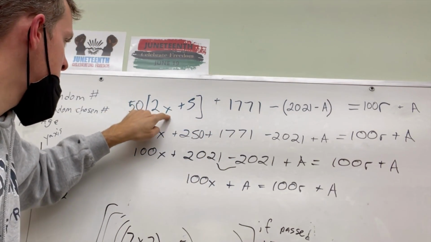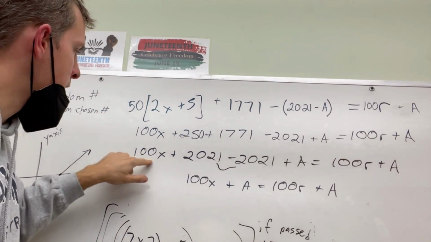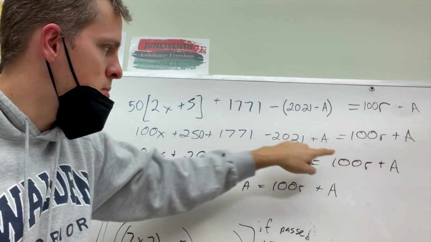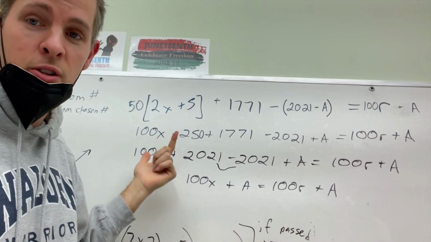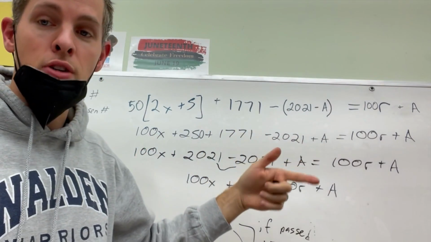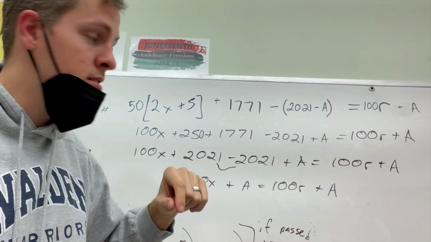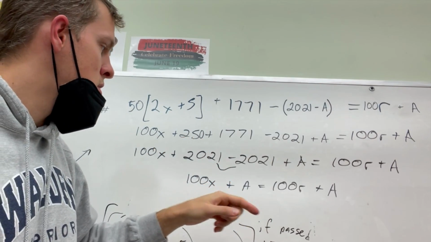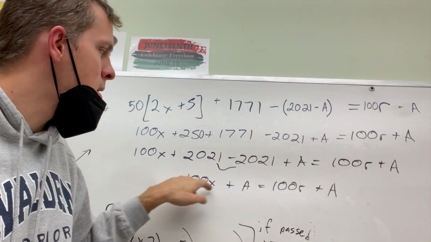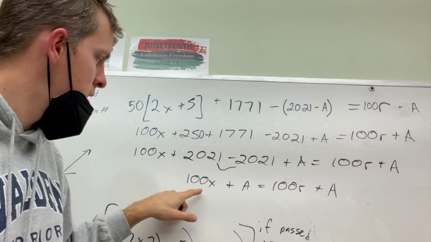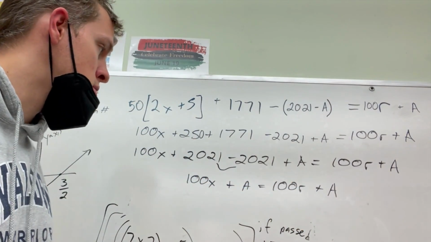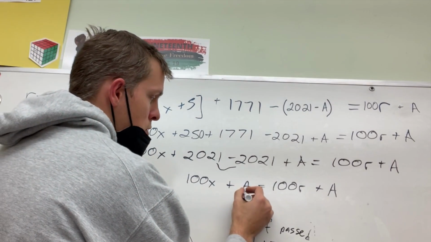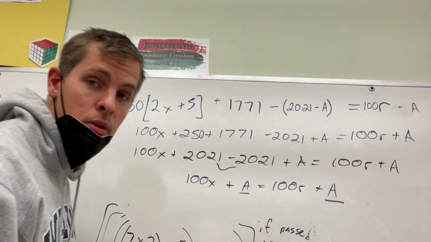The 2 times x times 50 created this 100x. So when you dropped out that number, my random number was 7 when I originally chose it, and I dropped out a 7 in the hundreds place along with my age. So that x and that r become the same thing. So that first one that you started with should be the number that dropped out when you took out the hundreds place. And you should be left over with a equals a pretty much.